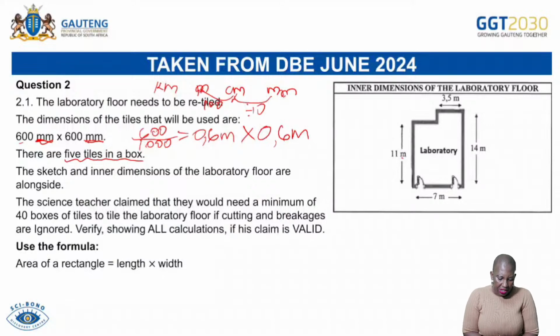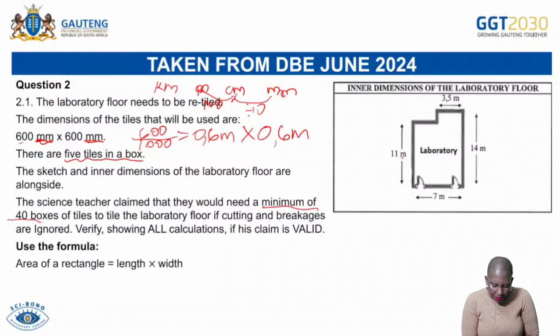Now it says the sketch and the inner dimensions of the laboratory floor are alongside. Here's the sketch of the laboratory floor and the dimensions. So the science teacher claimed that they would need a minimum of 40 boxes to tile the laboratory floor.